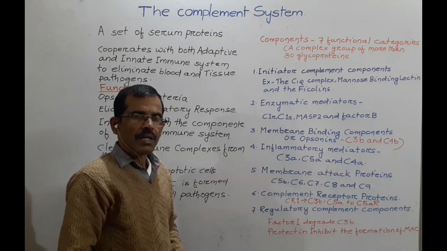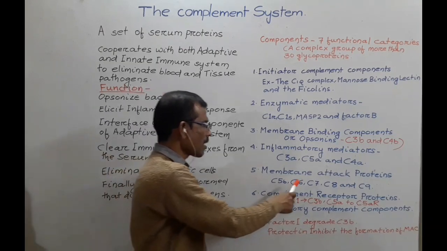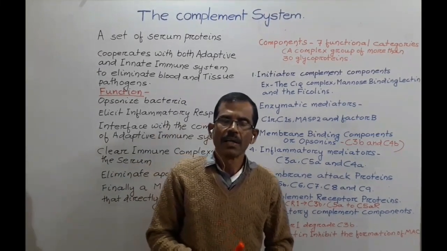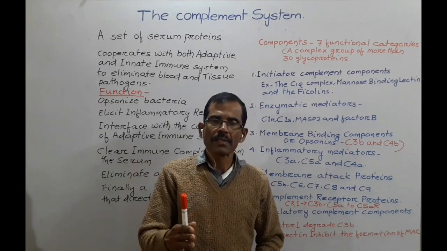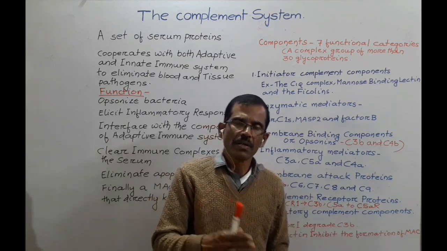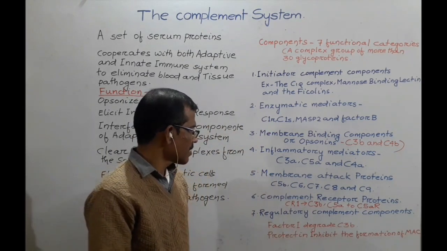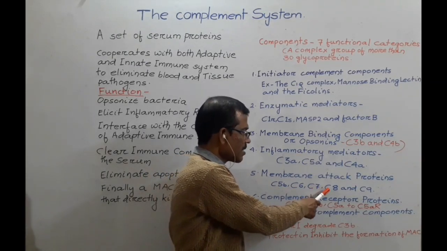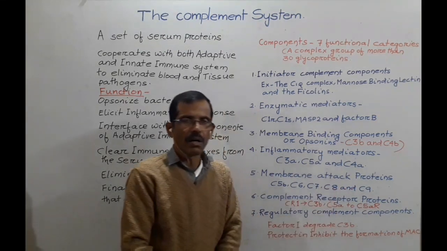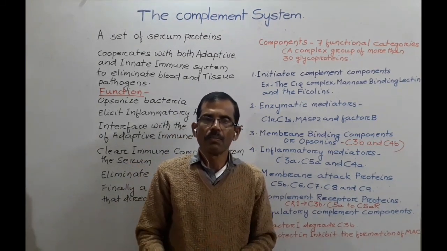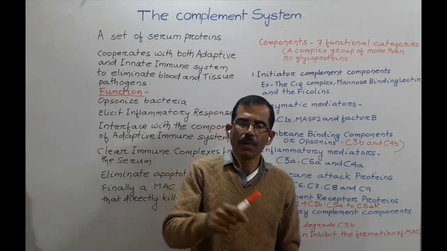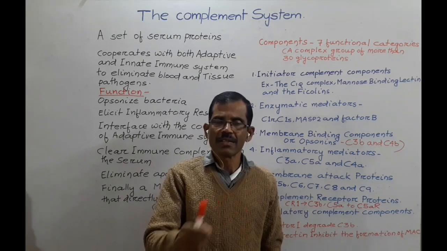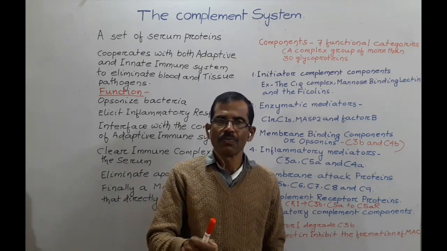The fifth functional category includes various membrane attack proteins. In the complement system, finally, a membrane attack complex is assembled from various complement components such as C5b, C6, C7, C8 and multiple copies of C9. All these components are inserted into the microbial cell membrane where they punch holes that result in the lysis of the microorganisms.